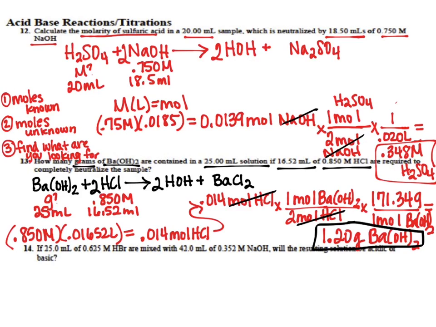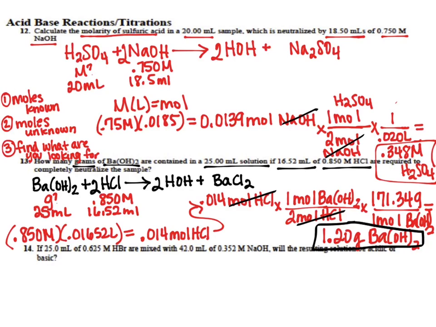Because of the problem, 25.00 is 4 sig figs, and then 16.52, and then we have 0.850. I thought those were exact. Like, what's the difference between... Okay.